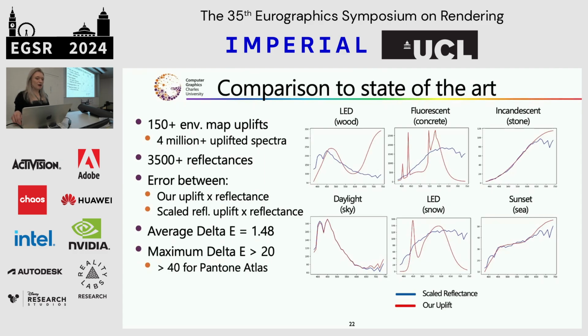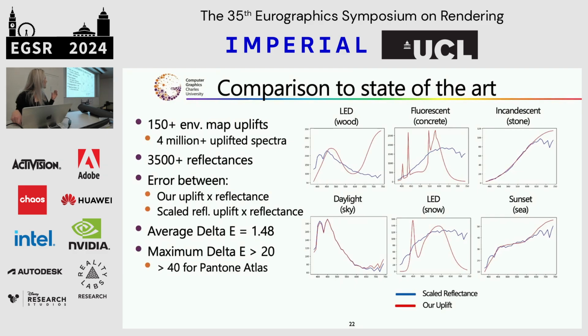We did this by, once again, uplifting over 150 environment maps, which means that we got over 4 million uplifted spectra. We also obtained over 3,500 reflectances from existing reflectance measurements, from the classic color atlases such as Munsell Book of Colors, Macbeth color charts, and so on.